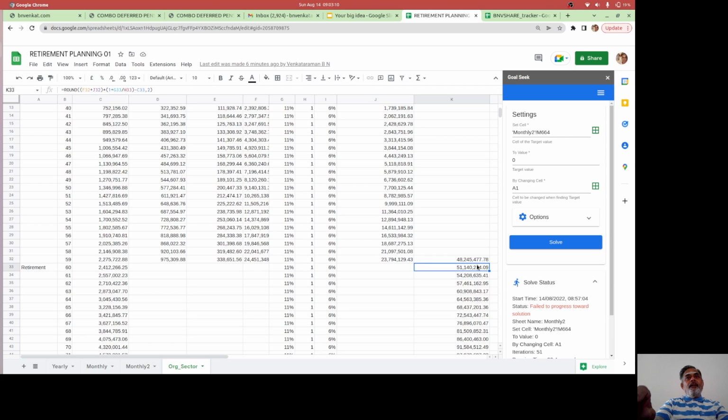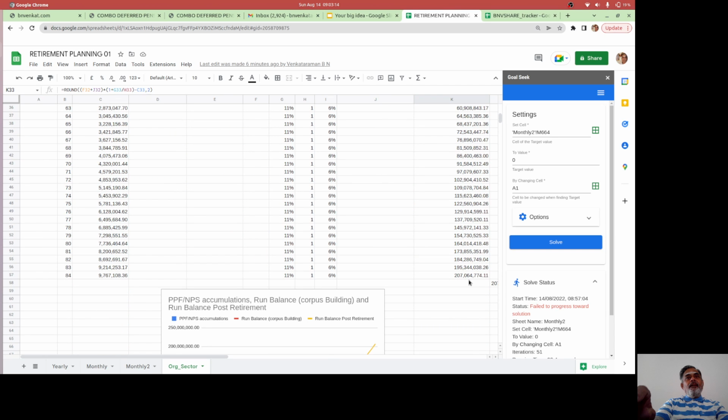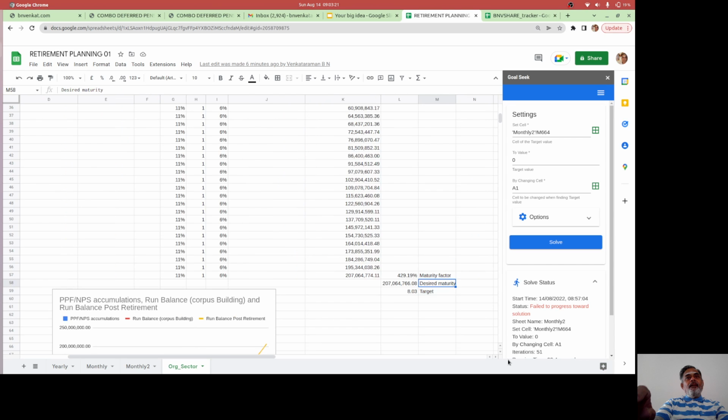And copy this cell down below, we have the retirement corpus, the maturity amount comes to 20 crore.